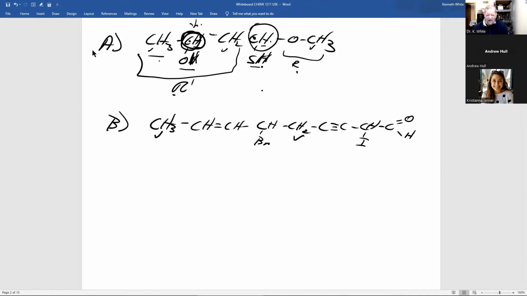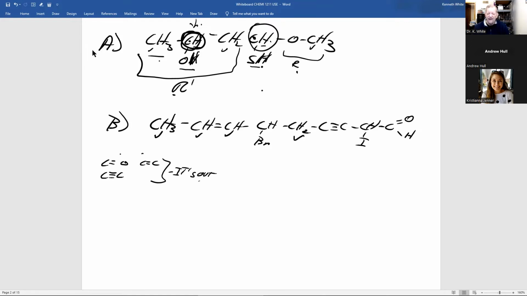That's out. That's out. Now, if a carbon is in a double bond or a triple bond, and here are two different types of double bonds, it's out. It can't be a chiral carbon. So this carbon is a double bond.